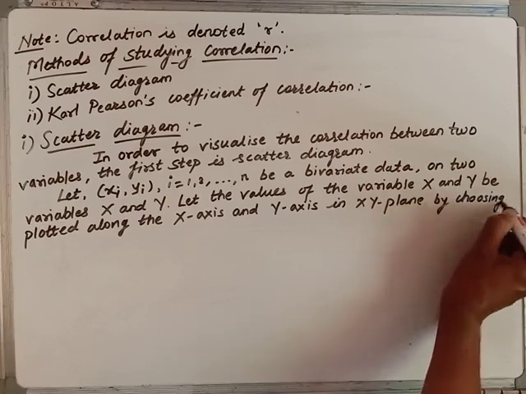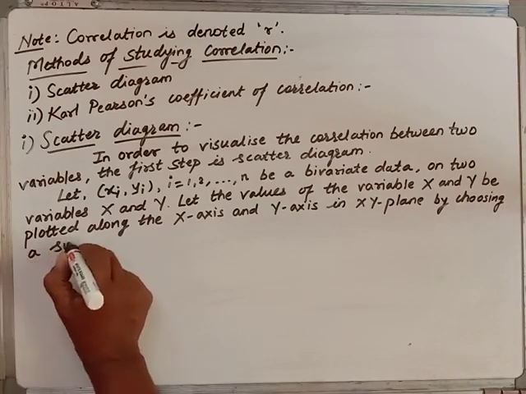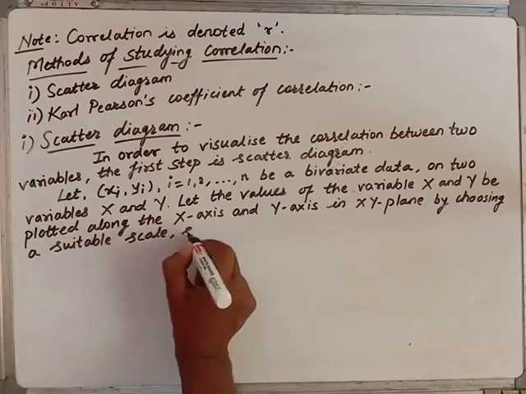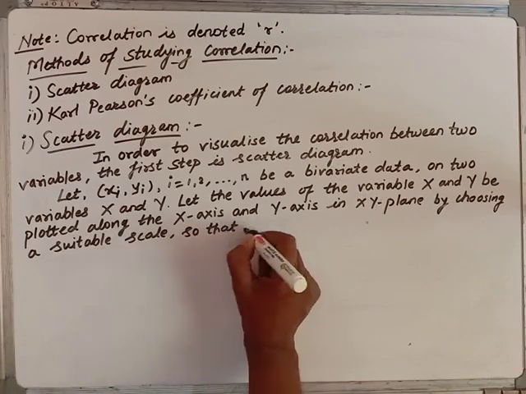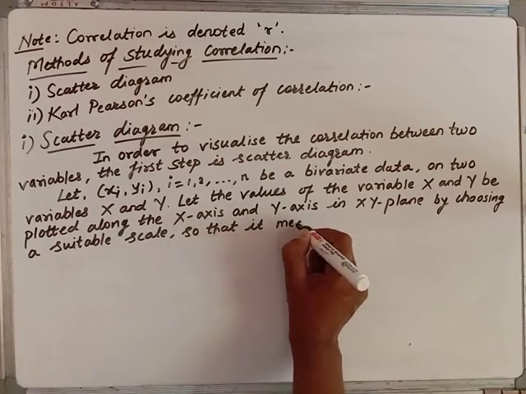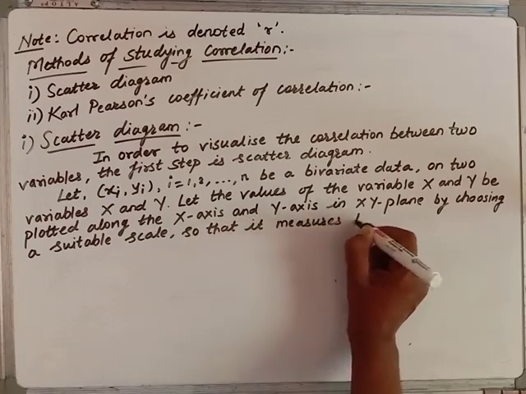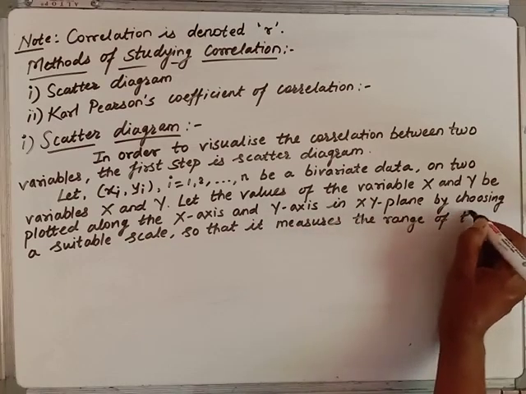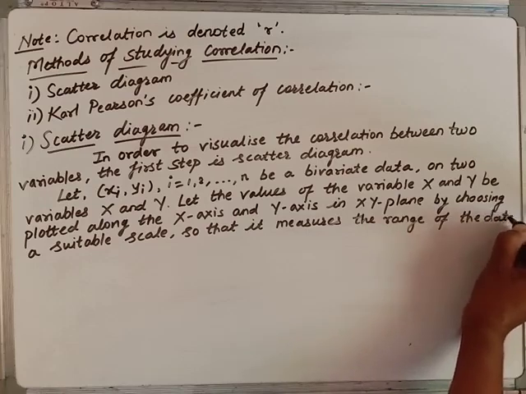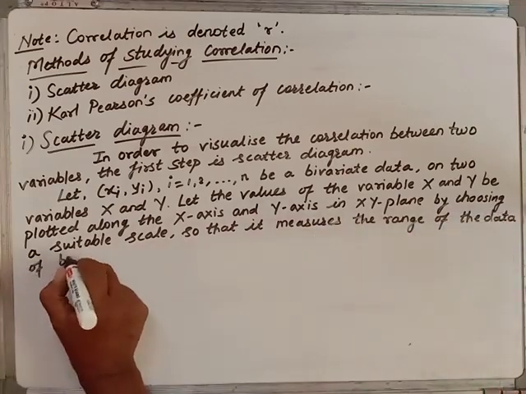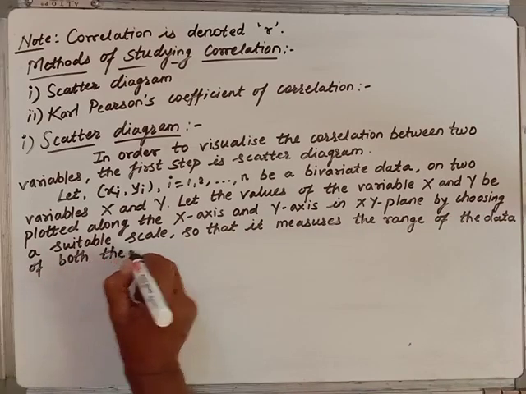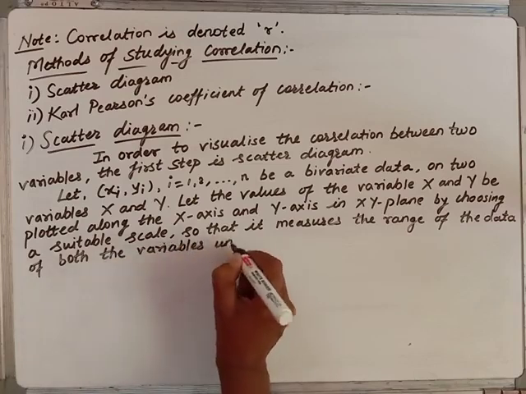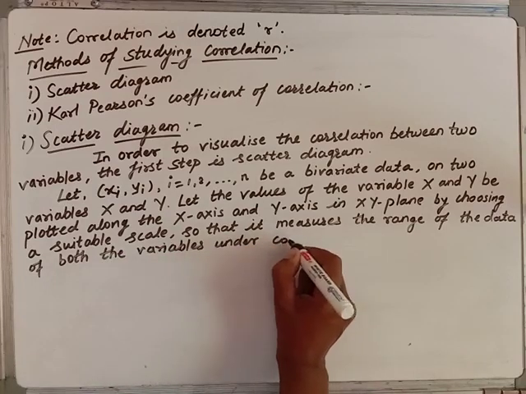Choosing a suitable scale so that it measures the range of the data of both the variables under consideration.